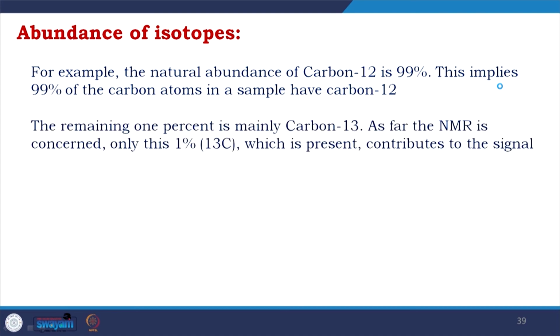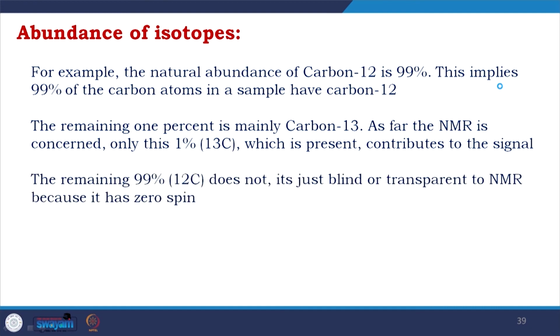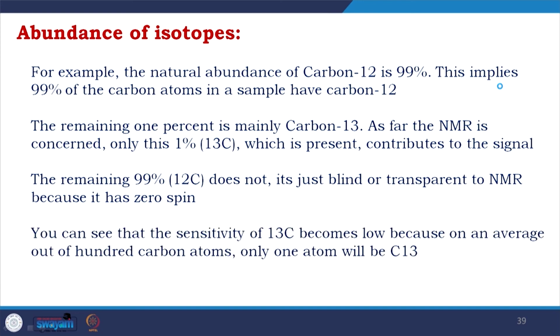The remaining 1% is mainly carbon 13, and for NMR, only this 1% 13C which is present contributes to the signal in NMR spectroscopy. The remaining 99% does not, it is just blind or transparent to NMR because it has 0 spin. You can see that the sensitivity of 13C becomes low because on average, out of 100 carbon atoms, only 1 atom will be C13.